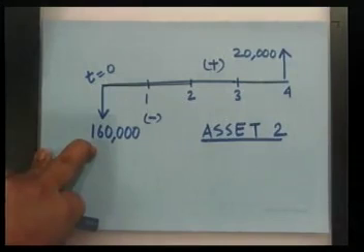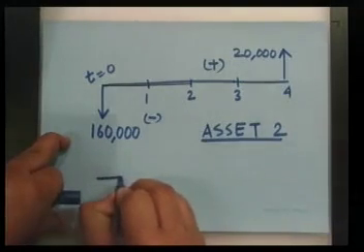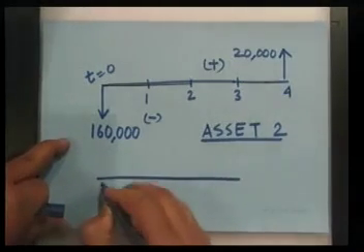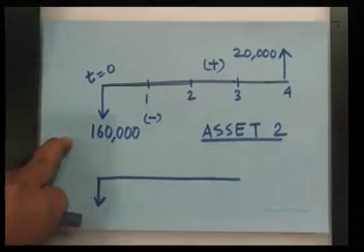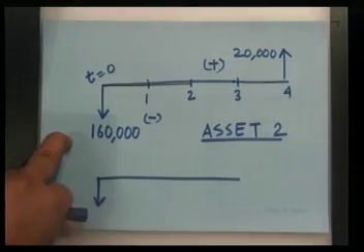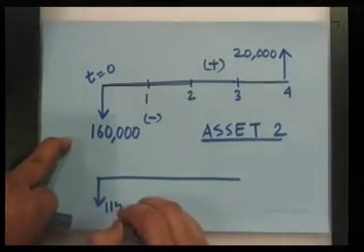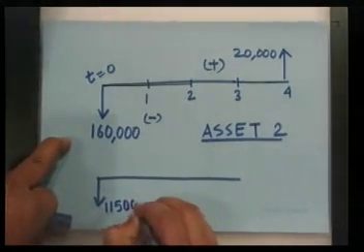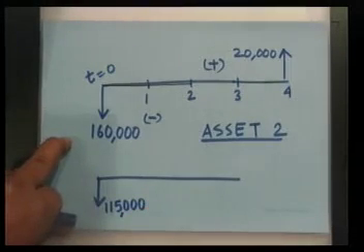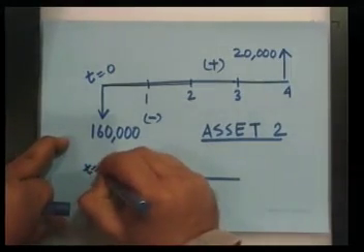Now, when I draw the cash flow diagram of asset 1, how would it look like? At time t is equal to 0, how much am I investing? 45,000 less than the previous asset, asset A2. So, how much would it be? It would be 115,000 at time t is equal to 0.